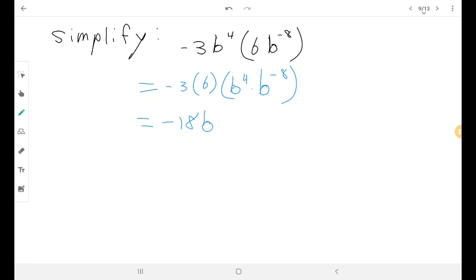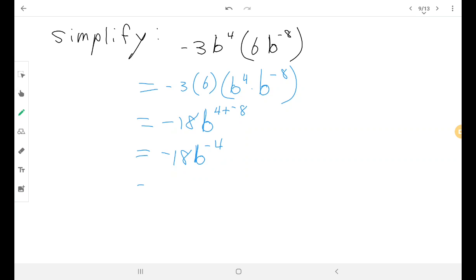So I would keep the base and add the exponents, as we've been doing for a lot of these, because I'm multiplying same bases. So then that's negative 18 times b to the 4 plus negative 8, which is negative 4.